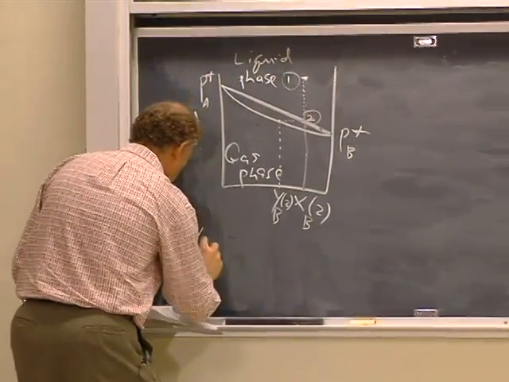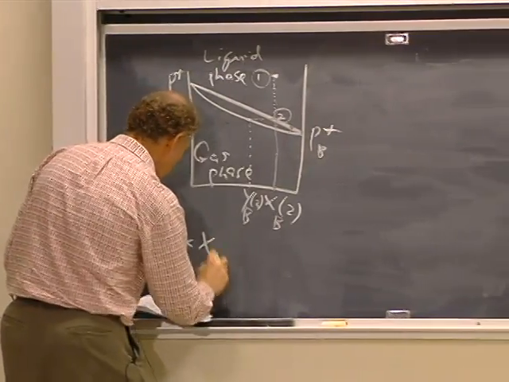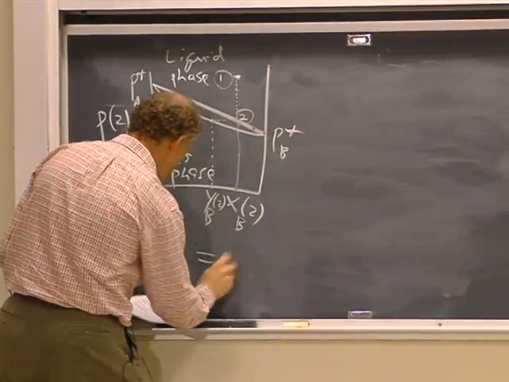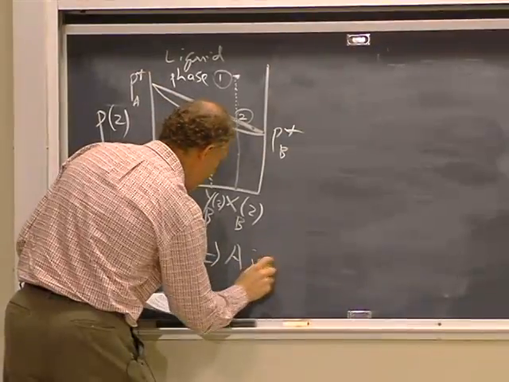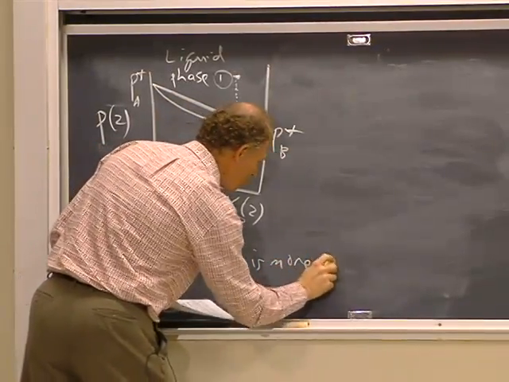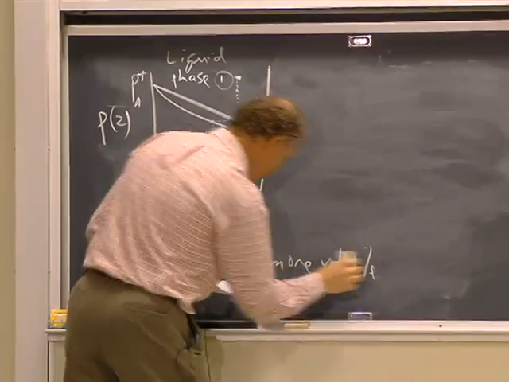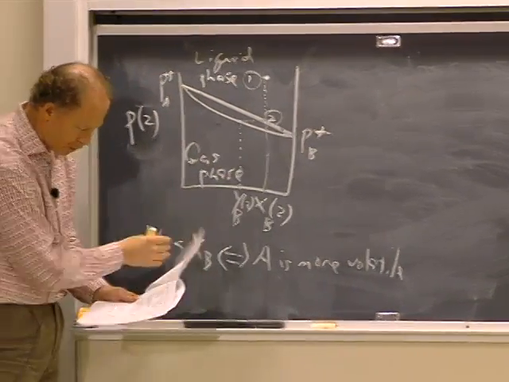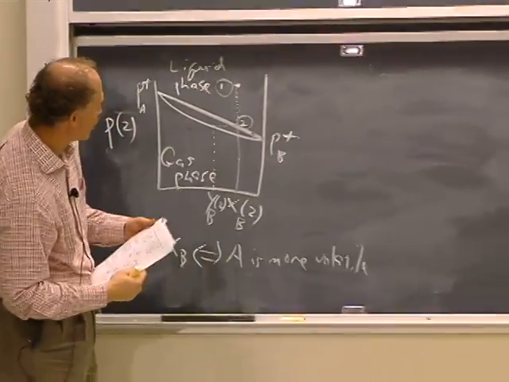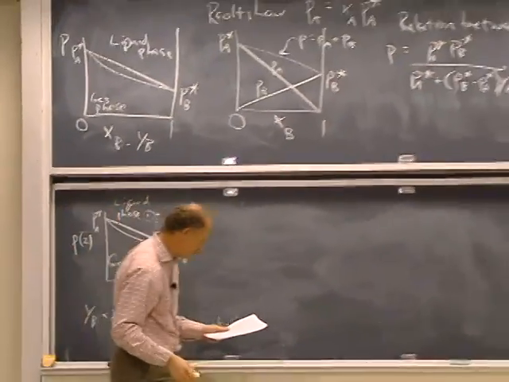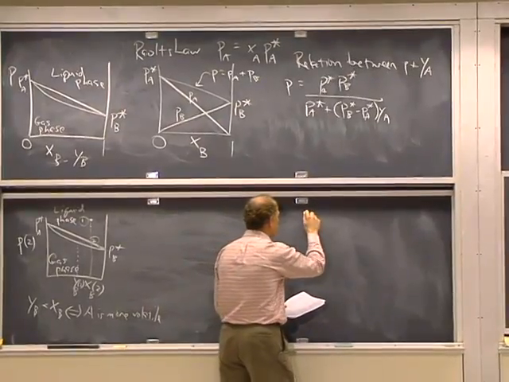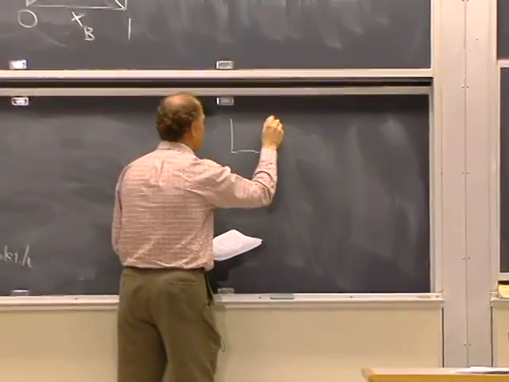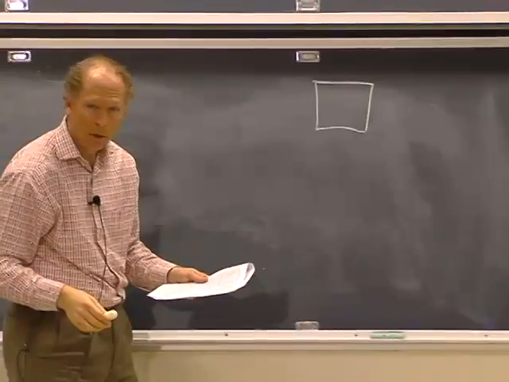So YB is less than XB if A is more volatile, right? Okay, so now what's happening physically? Well, we started at a point where we only had the liquid present, right?